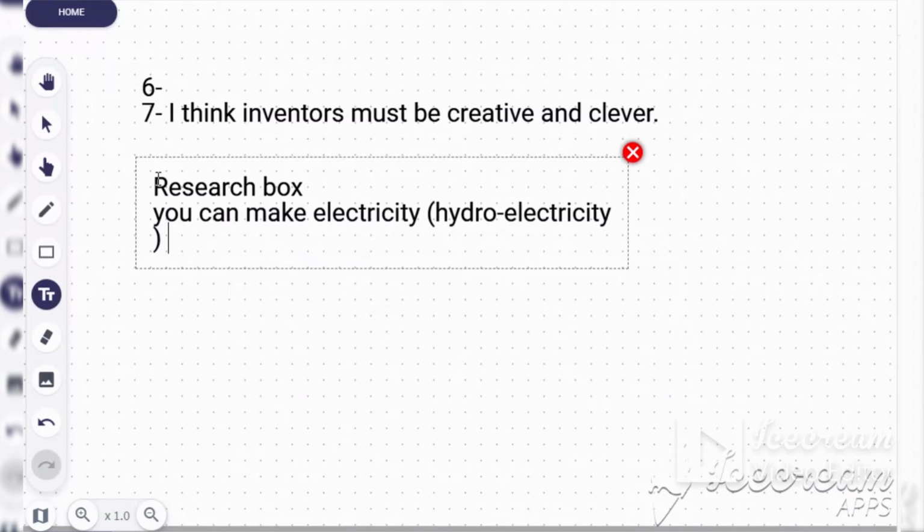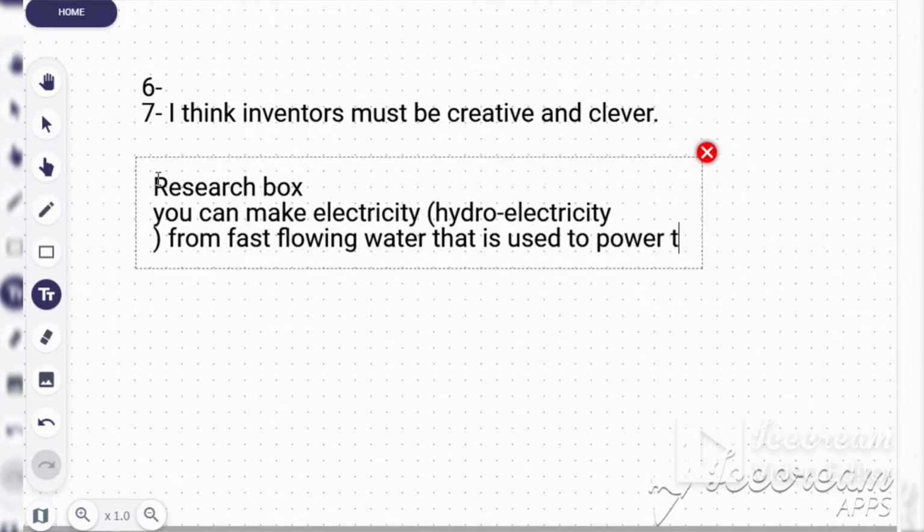From fast flowing water, that is used, why? To power turbines.